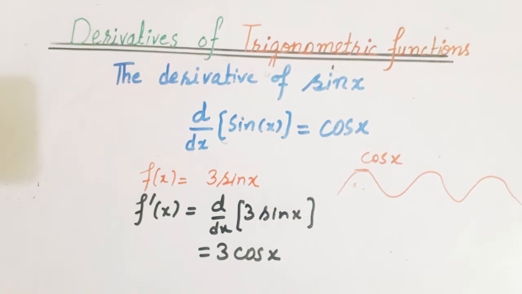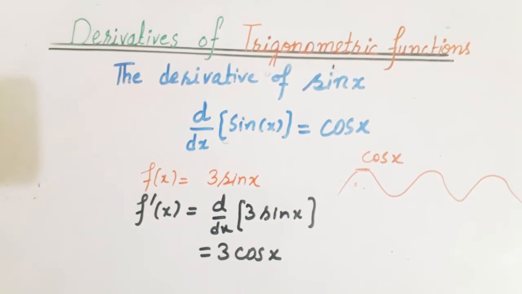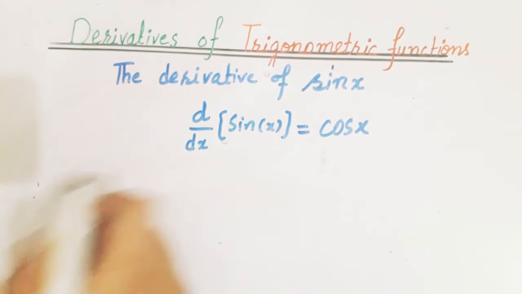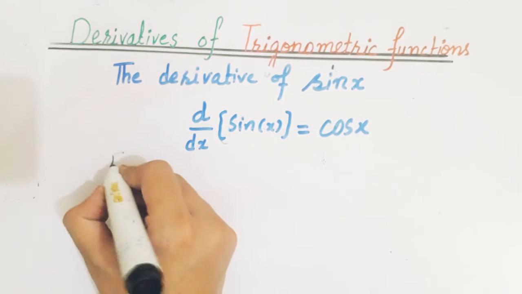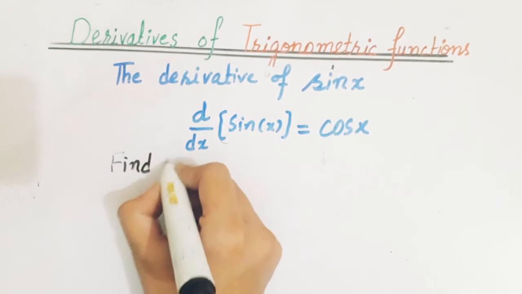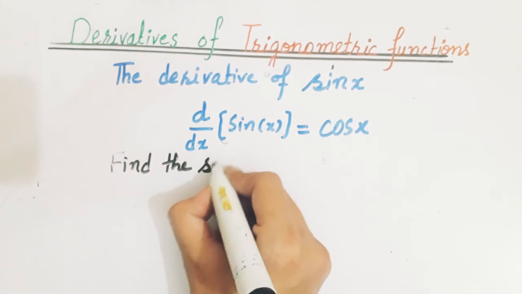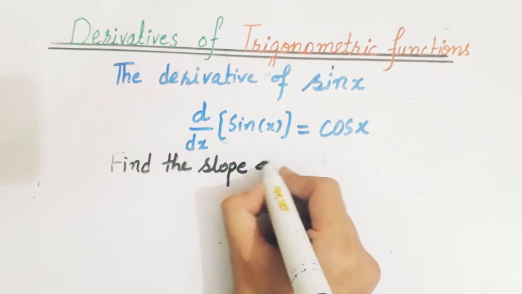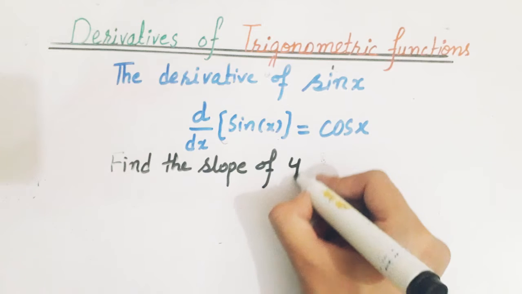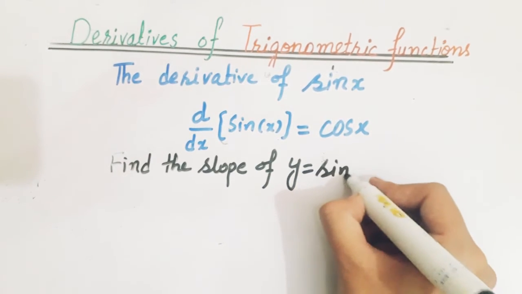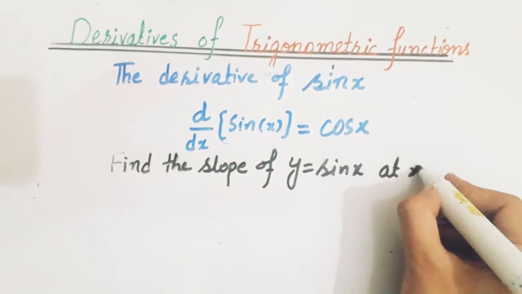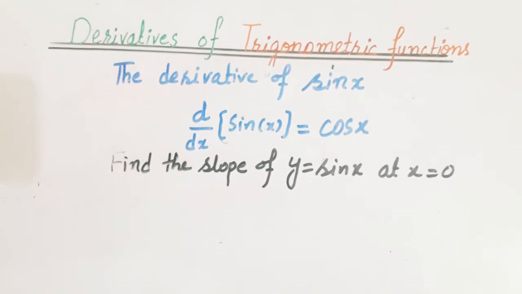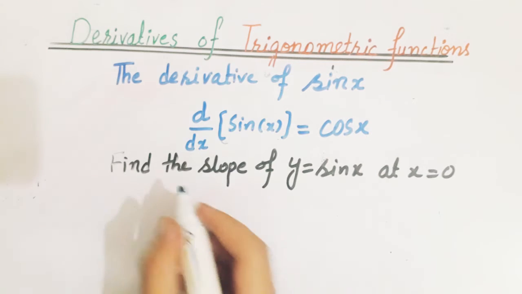Now another example: find the slope of y equals sine of x at x equals 0. First of all, you will differentiate the given function.